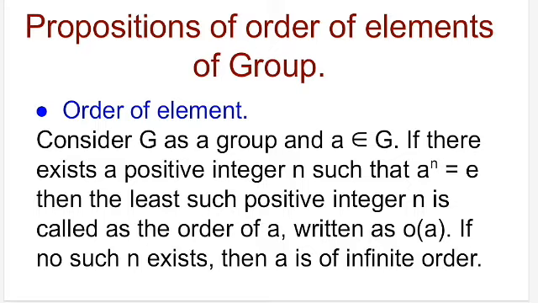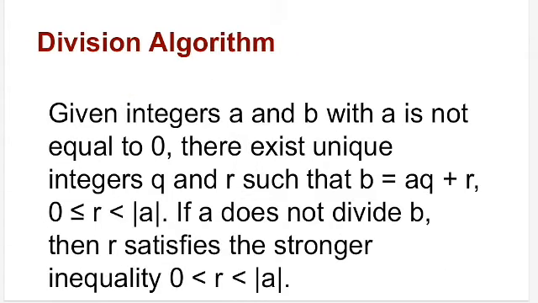So friends, we have already seen and explained this. We all know that if A raised to n is equal to E, then n is the order of the element. Let's go next. We will see the division algorithm because we will need this to prove some propositions today.